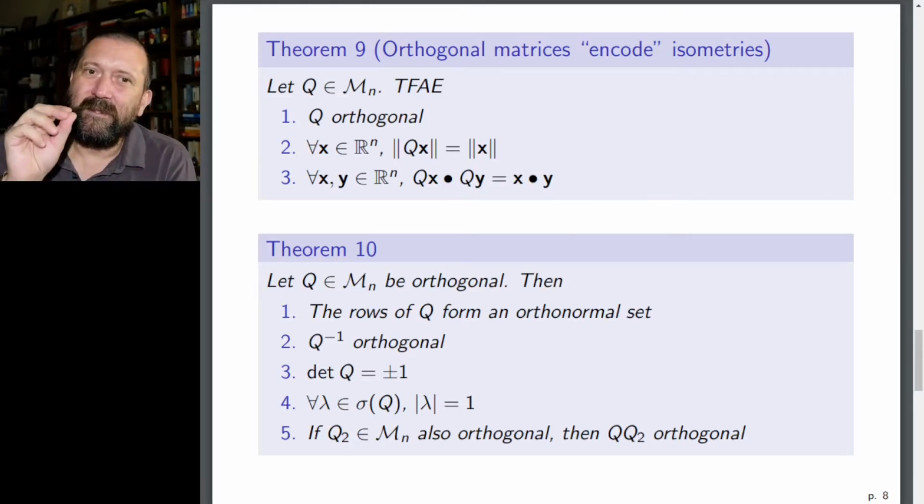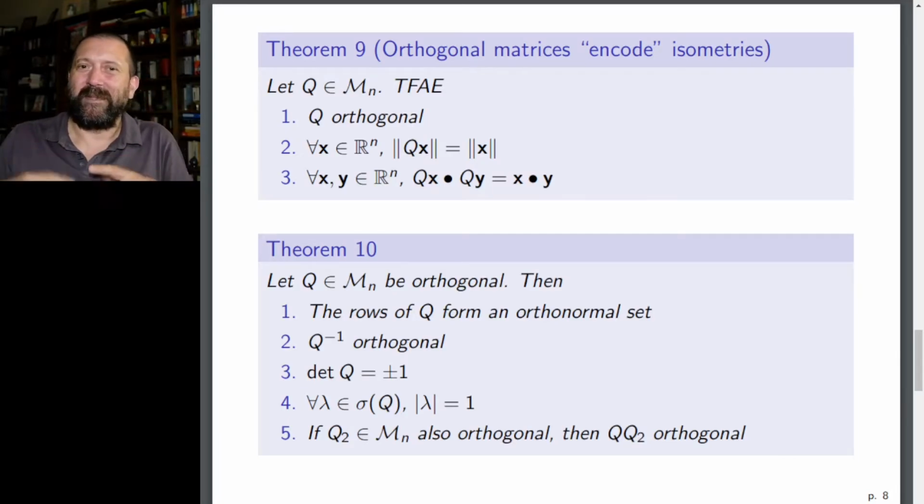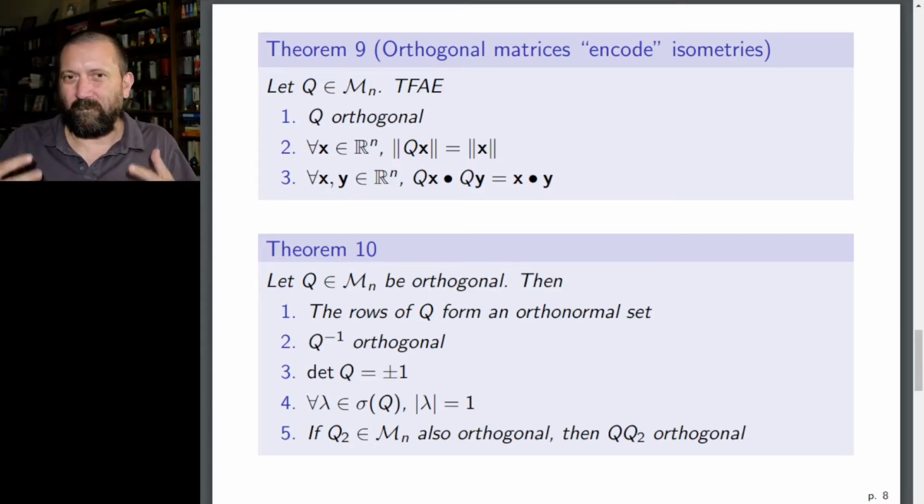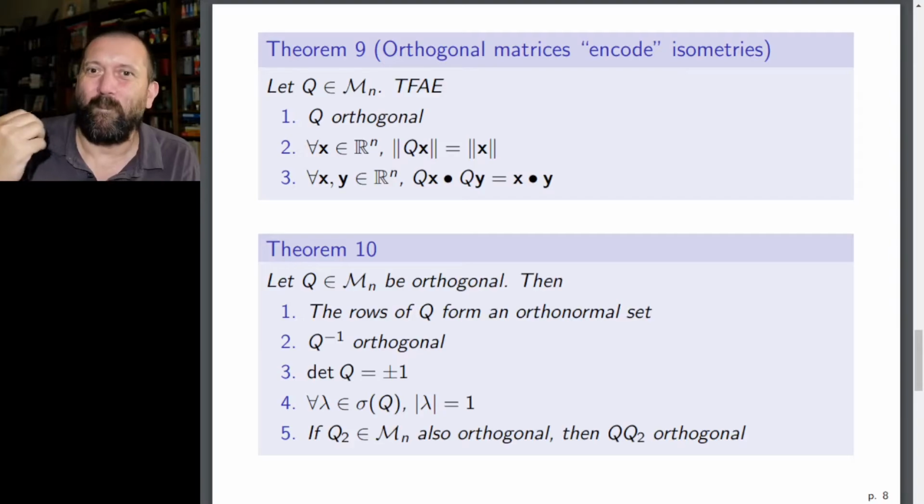It hints at a very important property of orthogonal matrices, which is that they are the representation of a linear transformation that has a specific property, which is called isometry. Okay, so let me explain this theorem before I explain what this means.